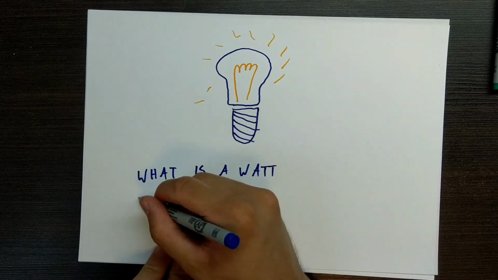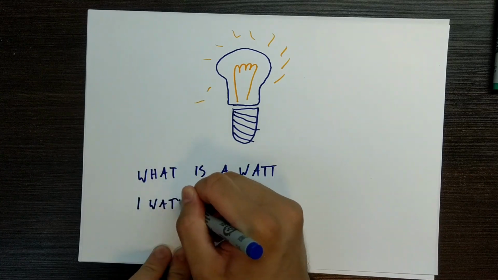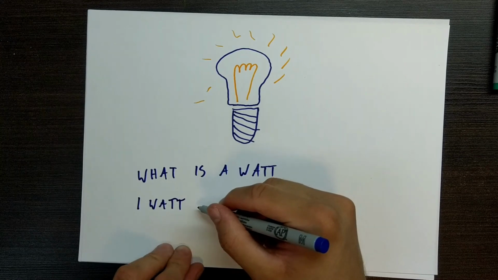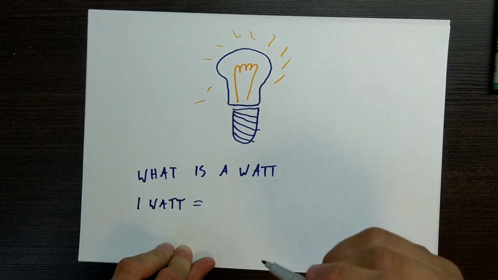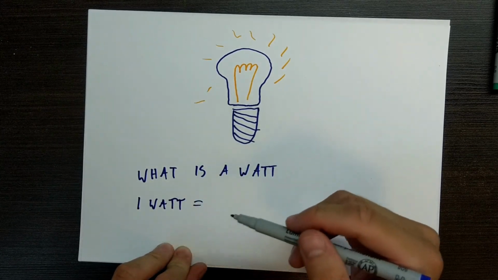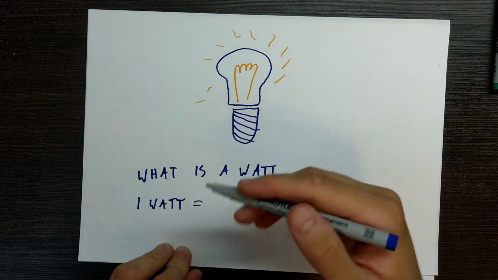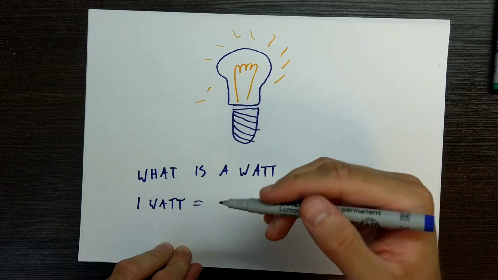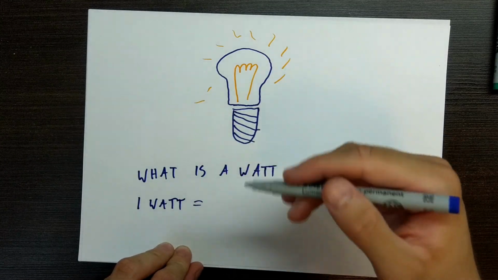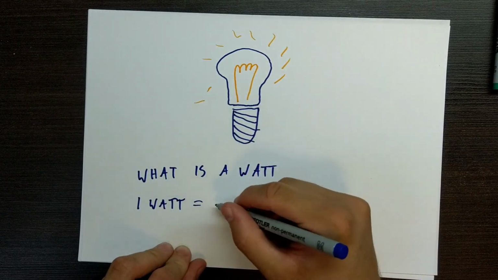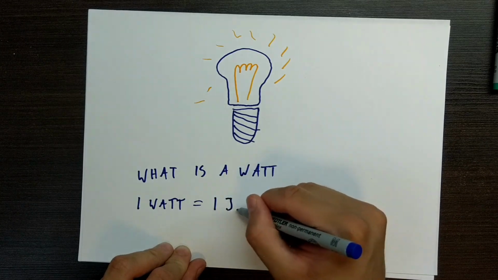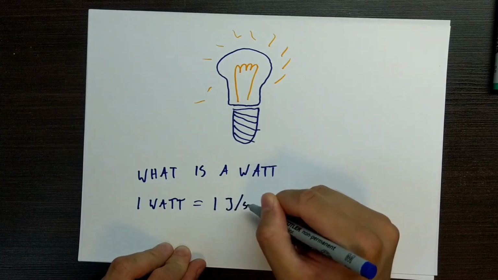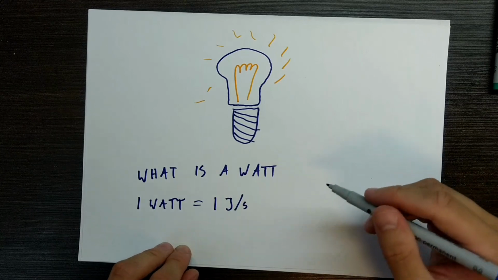So 1 watt is defined as the energy transfer required, it's a definition of 1 joule being transferred per second. So 1 watt is equal to 1 joule per second. That's essentially what a watt is.